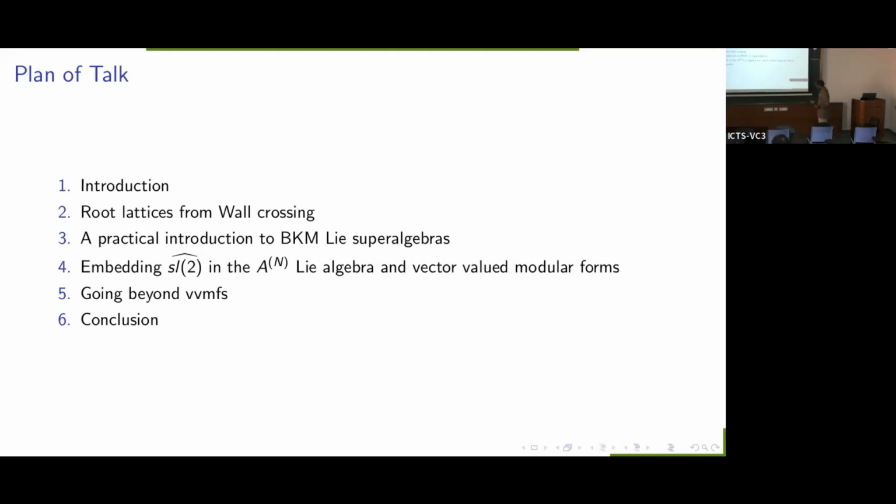And the crux of our work is an embedding of an affine SL2 hat into a particular family of Lie algebras. And from that, we get some vector-valued modular forms. And there's a beautiful theory of vector-valued modular forms, which we use. But again, I cannot get into all the details. You can look at it in the paper, or, of course, you can always ask questions. And then how to go beyond VVF. And then I'll conclude.